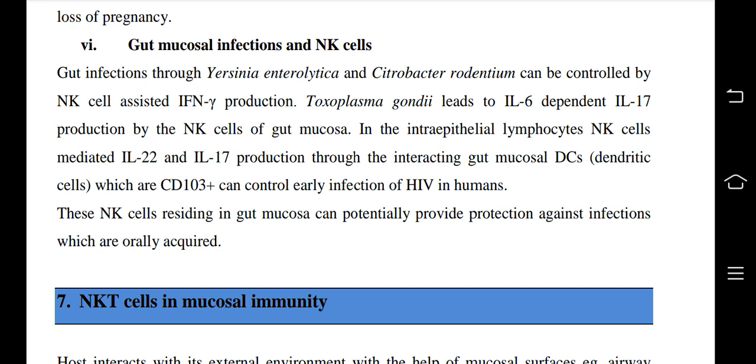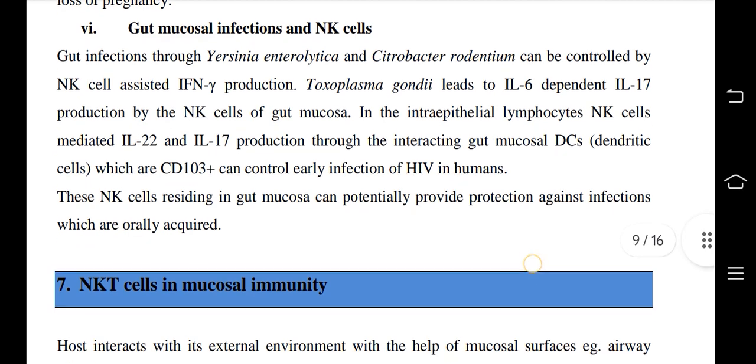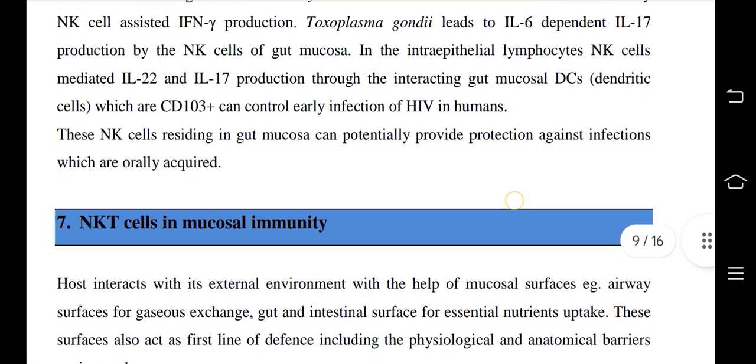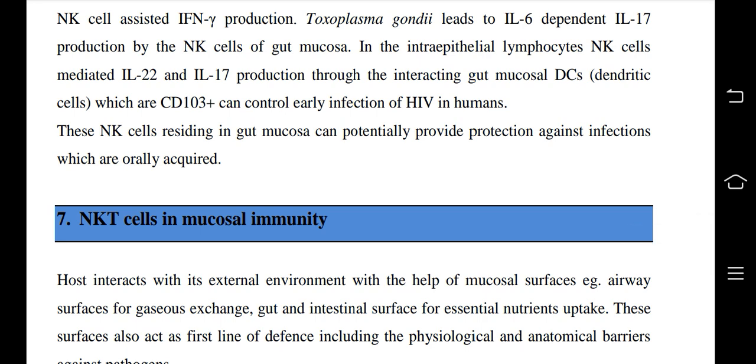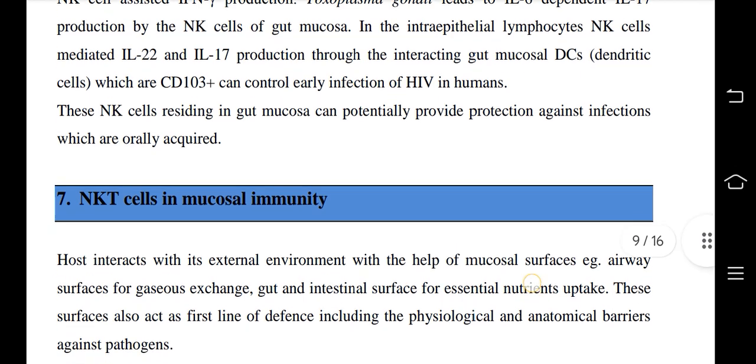In the intraepithelial lymphocytes, NK cell mediated IL-22 and IL-17 are produced through interaction with gut mucosal dendritic cells, which are CD103 positive, and can control early infection of HIV in humans. These NK cells residing in gut mucosa can potentially provide protection against infections which are orally acquired.